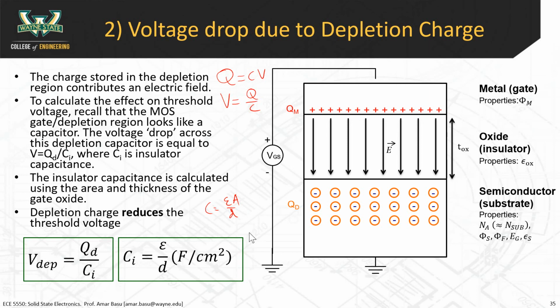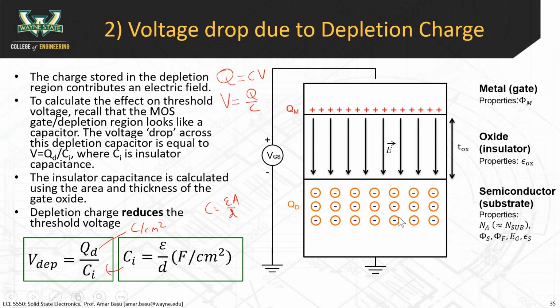So we're using a unit capacitance here, in farads per centimeter squared. The depletion charge is given in coulombs per centimeter squared. So the centimeter squared cancels, and you're left with coulombs divided by farads, which is a volt.